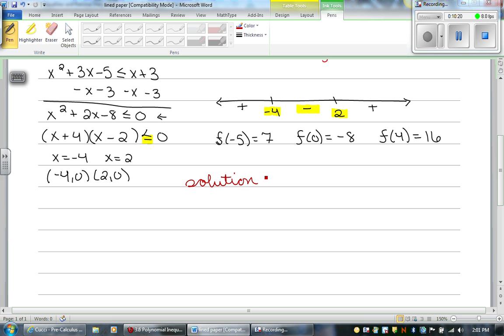So my solution is going to be negative 4 to 2, including those values because that's where it's equal to 0. Or negative 4 is less than or equal to x is less than or equal to 2. And there's your solutions.